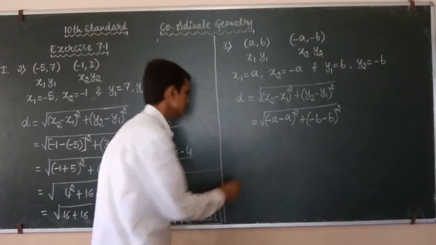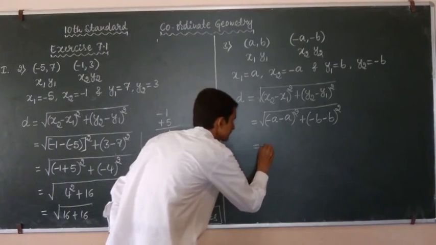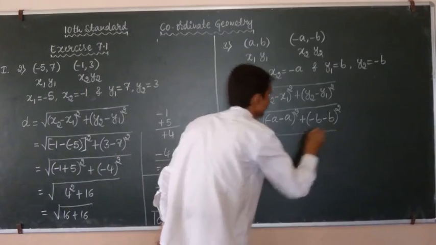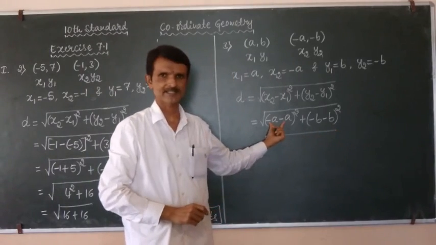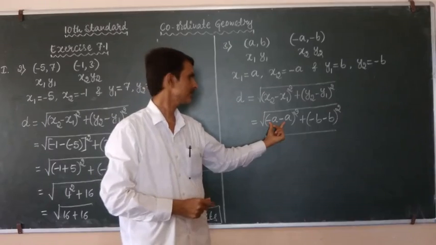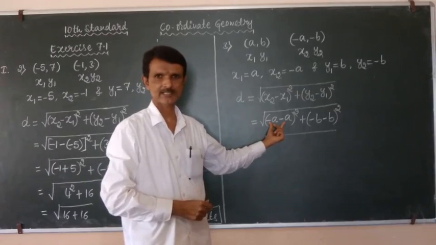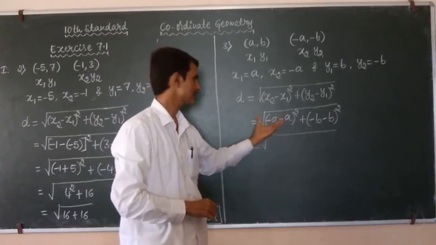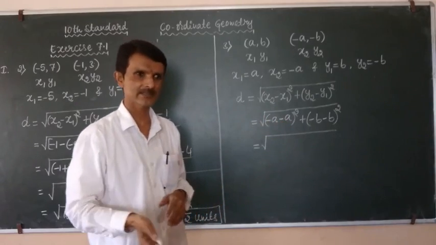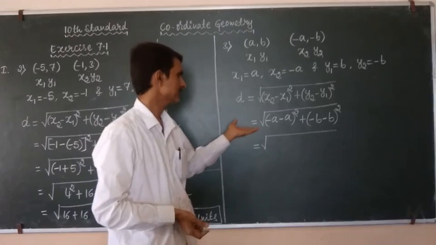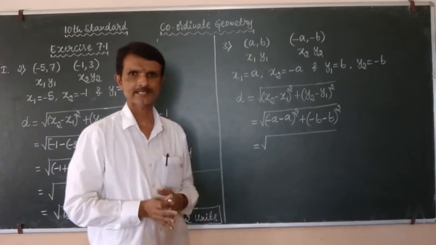So now observe, both are similar sign. So already you have studied in the 8th and 9th standard. So if the numbers or the variables have the same sign or similar sign, then we are going to add.